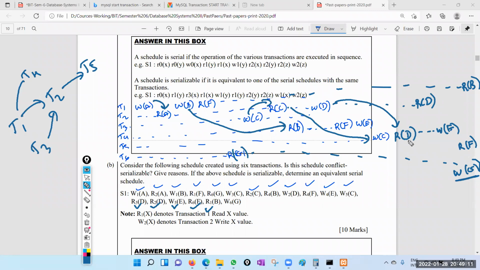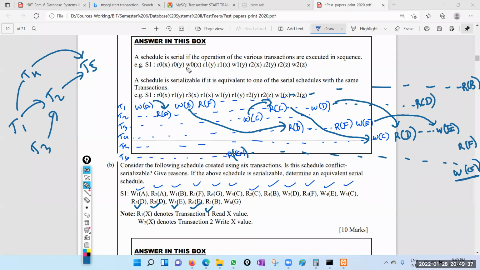Read D. Read 2D. Write 5E. That is transaction 4 and transaction 5.